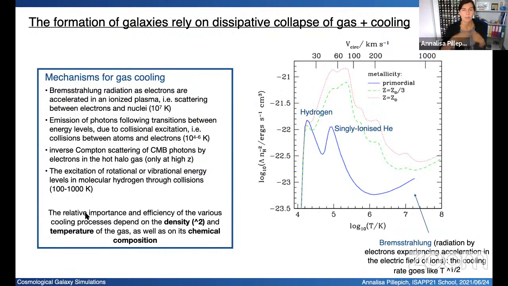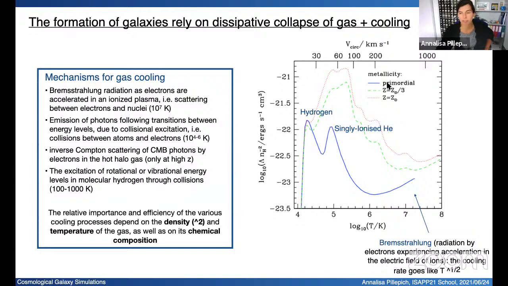And so we typically describe all this in terms of the cooling function, which is this quantity depicted here. The cooling function tells you essentially the possibility for a certain amount of gas to cool, depending on the temperature the gas is found at, the density, and the composition.